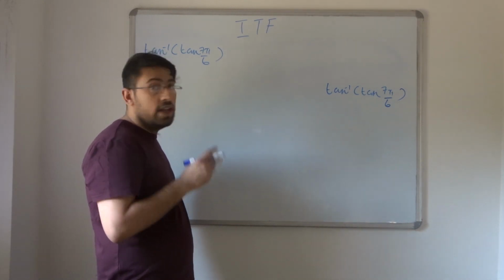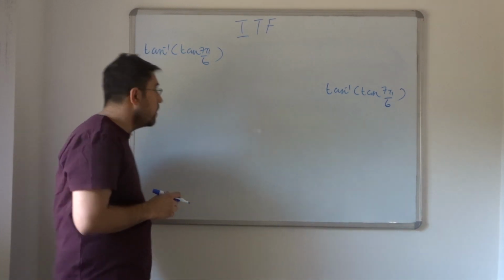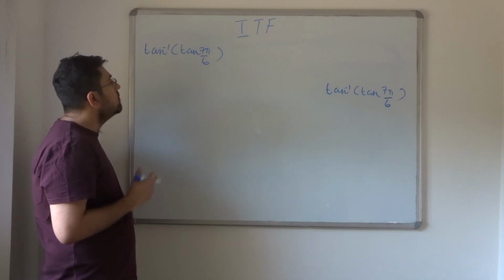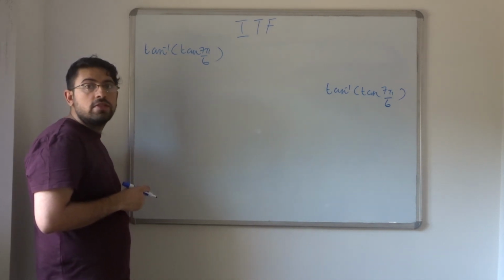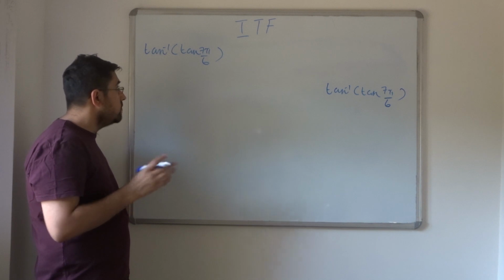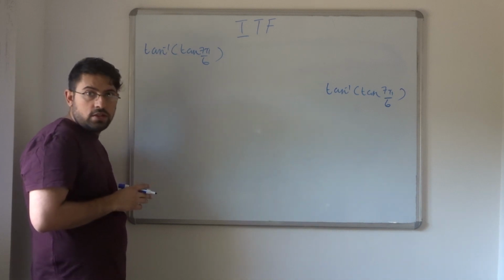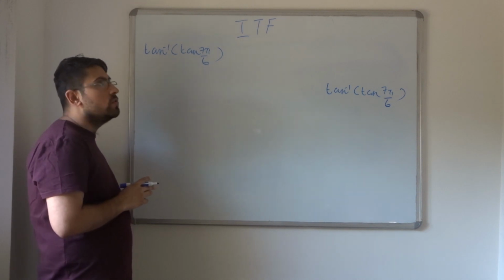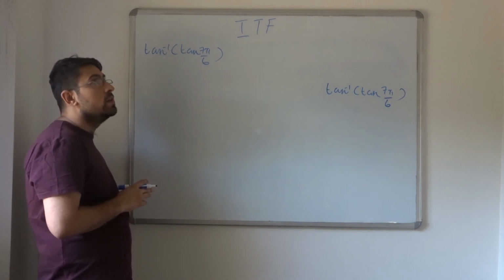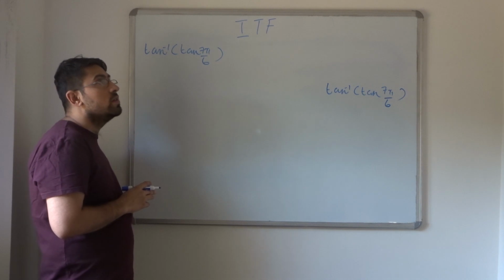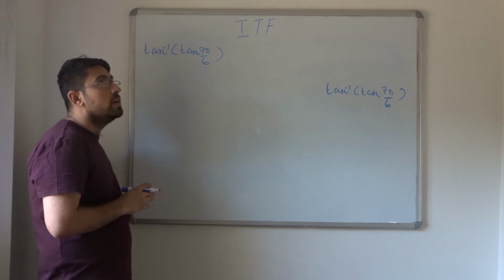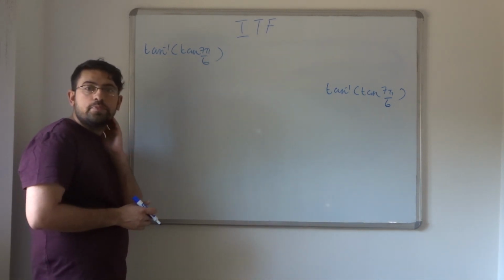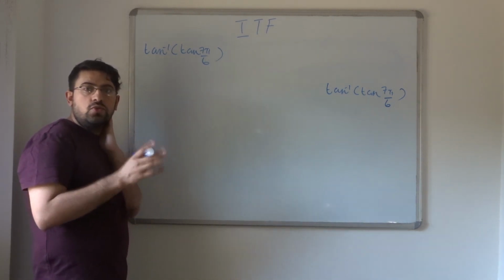That's what you should do. So basically pi upon 6 is how much? Pi upon 6 is 30. 30 times 7 is 210. Now what are you going to do, guys? 180 plus 30 is 210.